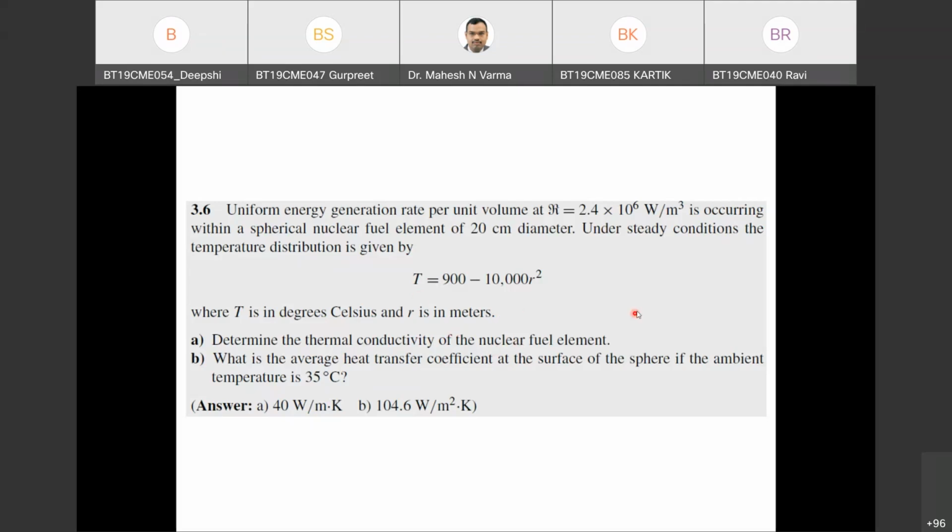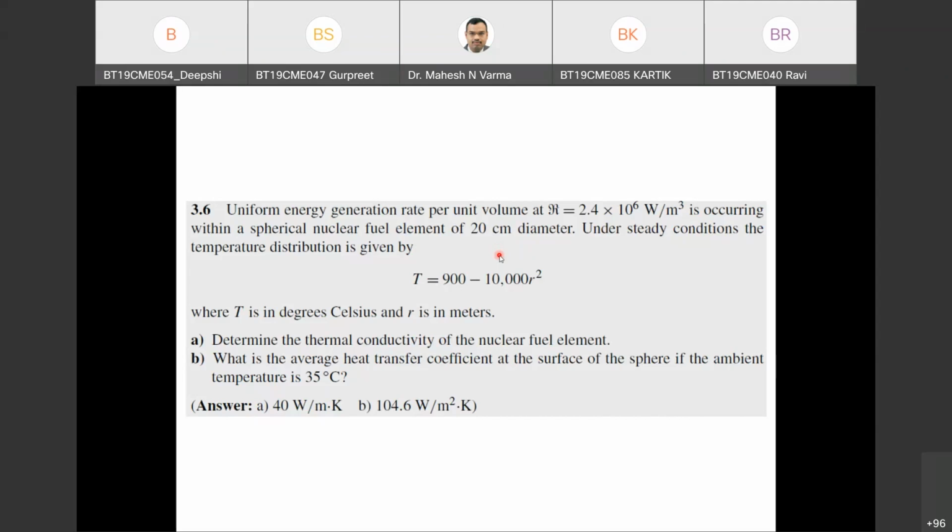Here, the probability of missing is, instead of using this r in meter, you will use r in centimeter. That is the only one mistake you can make here. Other mistakes will be using the formula for volume of sphere, using the formula for surface area of the sphere. These are the three important points where you can make a mistake in this problem.